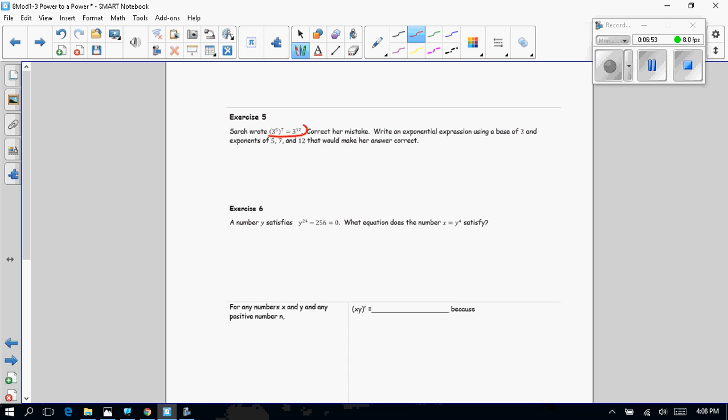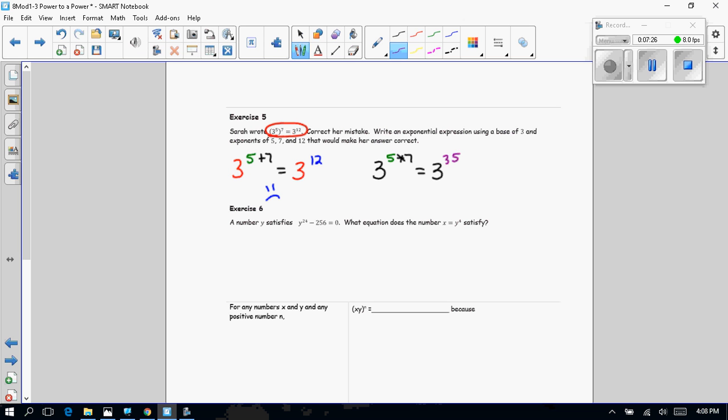What did Sarah do? Well, Sarah took 3, and she had 5 plus 7, right? And that's how she got 3 to the 12th power. That's not good, because it should be 3 to the 5 times 7 power. She should have gotten 3 to the 35th power, right?